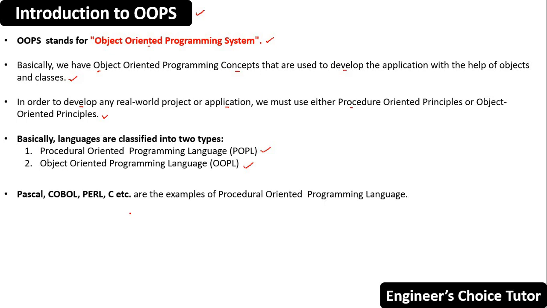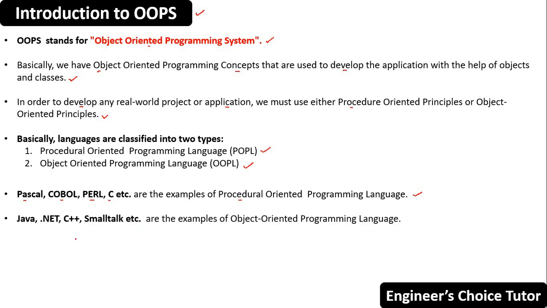For example, we have Pascal, COBOL, Perl, and C. These are all examples of procedural oriented programming languages. And we know Java, .NET, C++, Smalltalk, Ruby, etc. are examples of object oriented programming languages. Clear with this point? Now, let's see some important points regarding object-oriented programming.